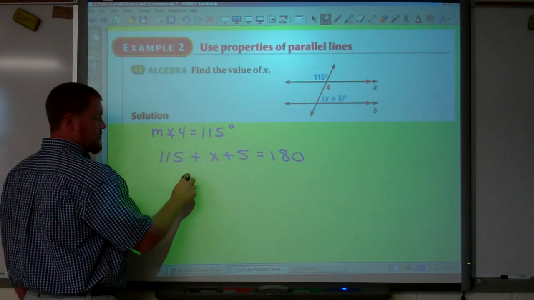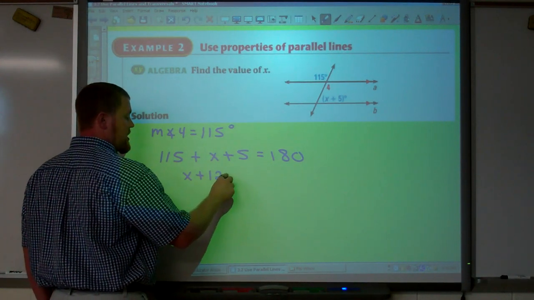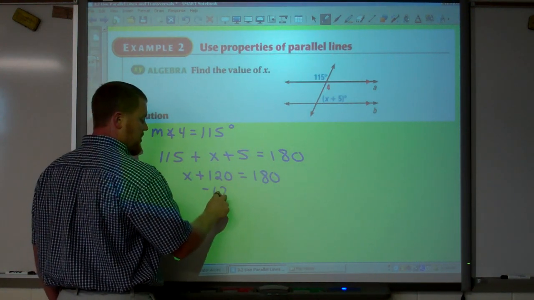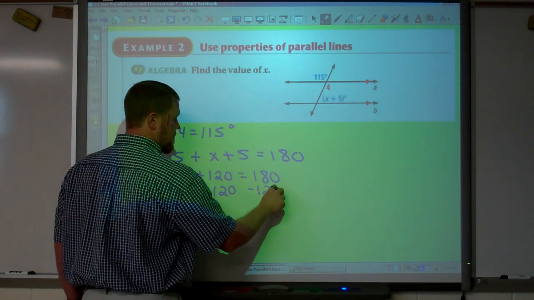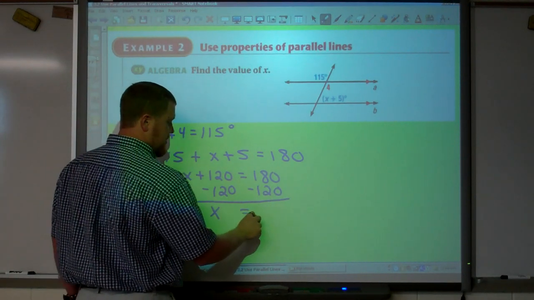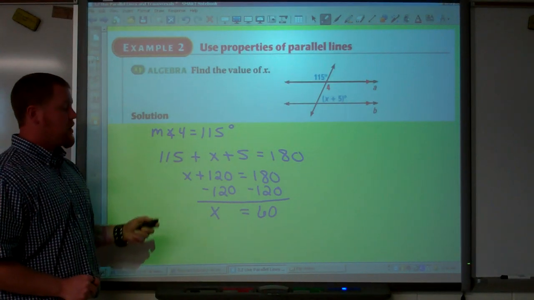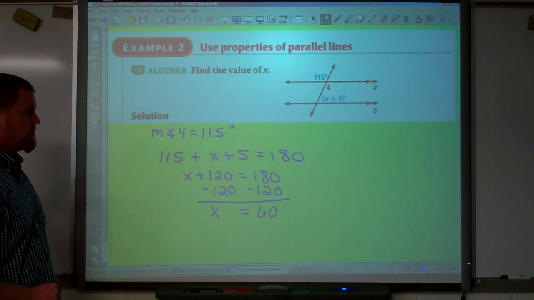Combine like terms, so we get x plus 120 equals 180. Subtract 120 from both sides. x equals 60. And it asks us to find the value of x. x is 60.